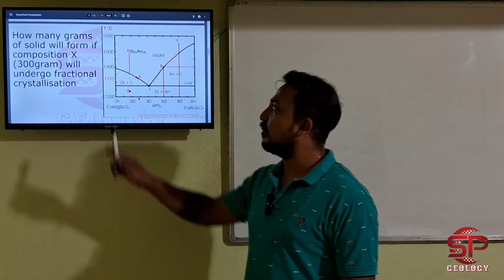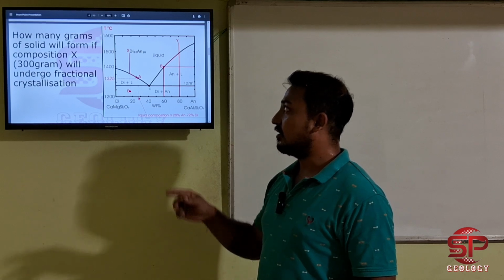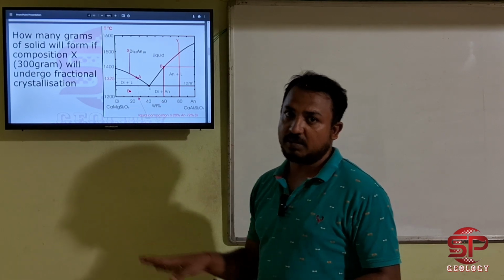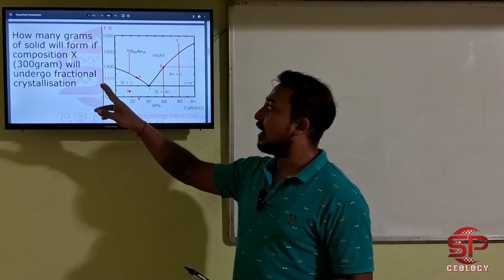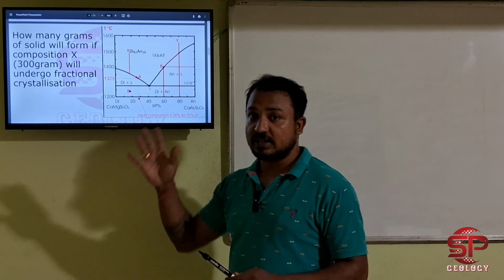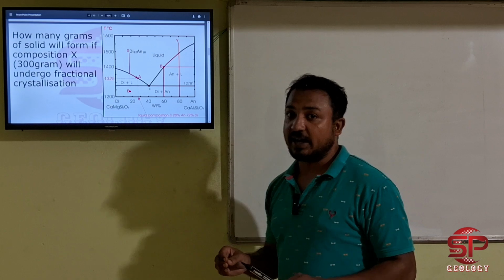Then comes the next question: how many grams of solid will form if composition X, this 300 gram, will undergo fractional crystallization? It is asked after the completion of fractional crystallization. So if we have 300 gram of melt and it undergoes fractional crystallization, at the end of the crystallization how much solid will we get?